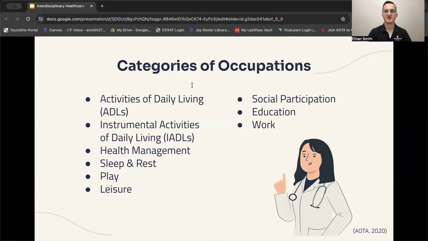Leisure is essentially the adult version of play. Social participation is the activities that involve social interaction with others. Education is activities needed for learning and participating in the educational environment, both formal and informal. And lastly, work is labor or exertion related to the development, production, or management of objects and services with financial or non-financial benefits.